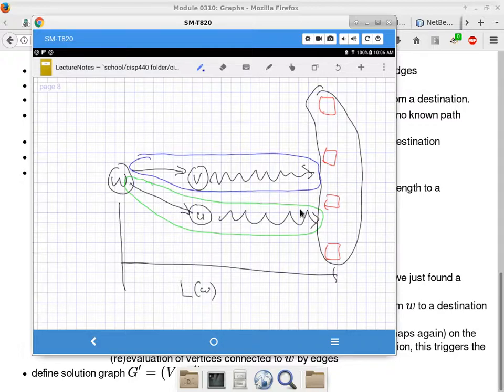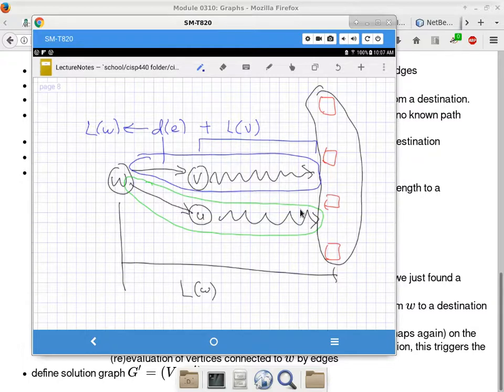The value of the blue line is D of E plus L of V. This is D of E, and this part here is L of V. When you add up these two, it becomes L of W. That's why we update L of W using this value, because the blue path is shorter than the green path.